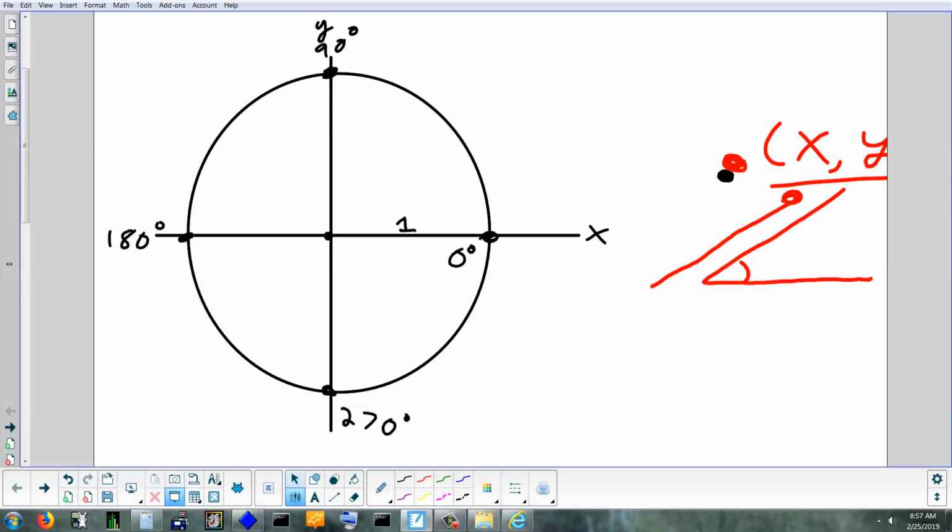So let's start with 0. To get to 0, you move one unit, but which way do you move? Up, down, left, or right? Right. You move right, starting from, here's your origin right here. So what would be the coordinate if you start at the origin and you move one unit to the right?